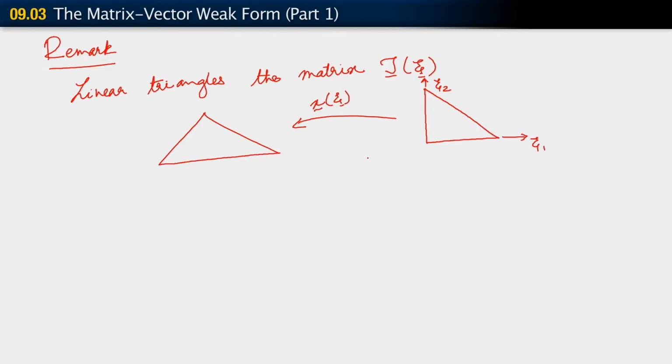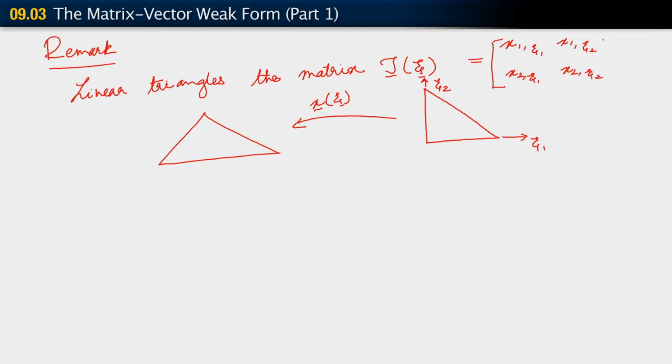So the matrix JC here is now x1 comma C1, x1 comma C2, x2 comma C1, x2 comma C2.